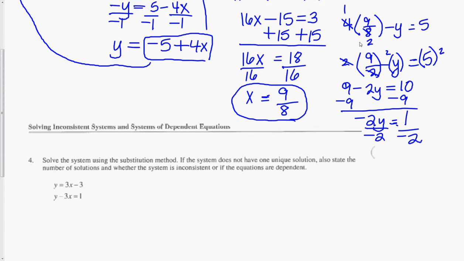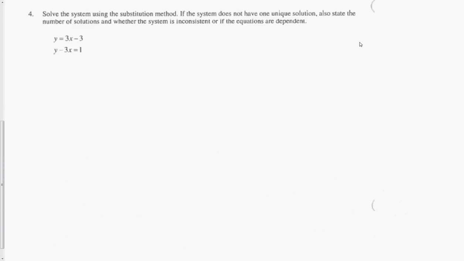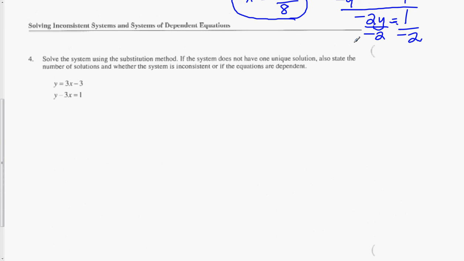Okay, so it looks like down here on the bottom we're going to do some practice with what happens if all the x's and y's cancel. So again, in this top equation, I have it already solved for y, so I'm going to box that in, and I'm going to put that in for my y in my bottom equation. So 3x minus 3 minus 3x equals 1.